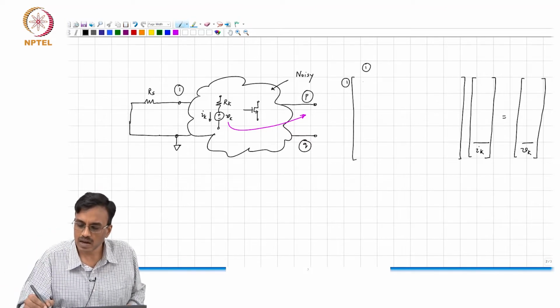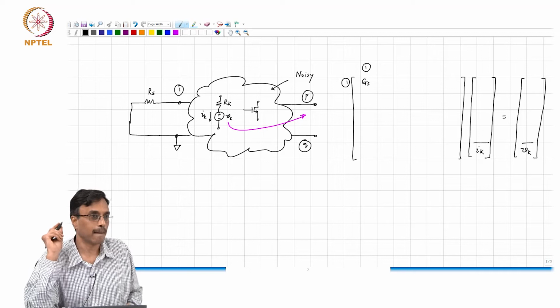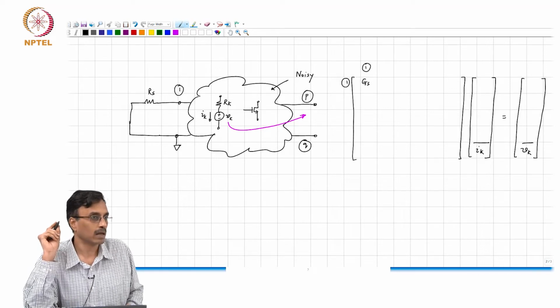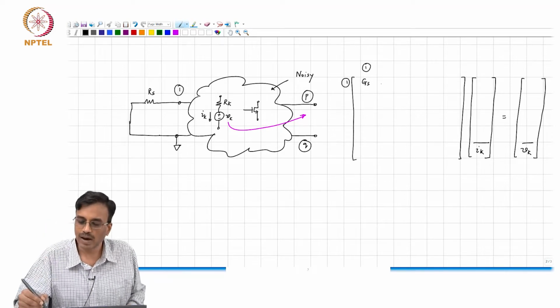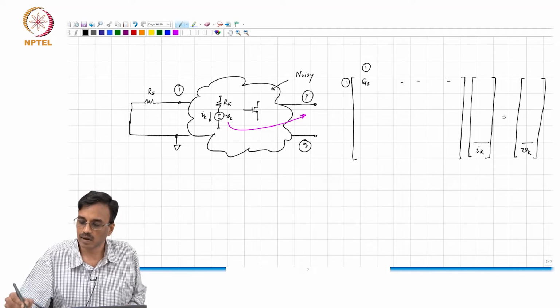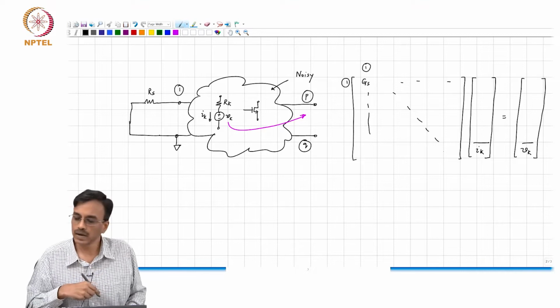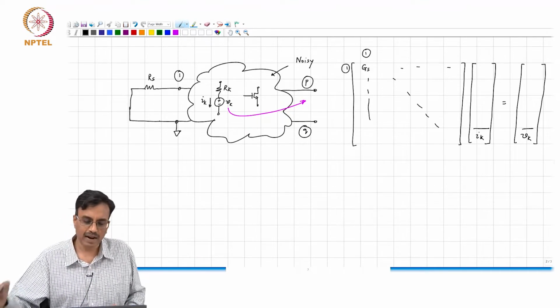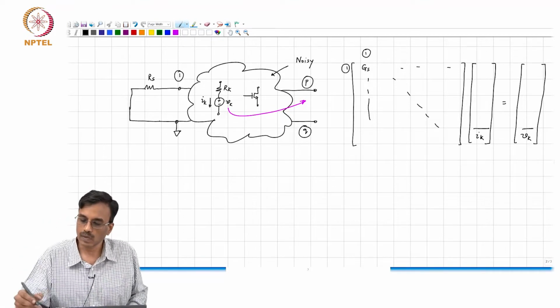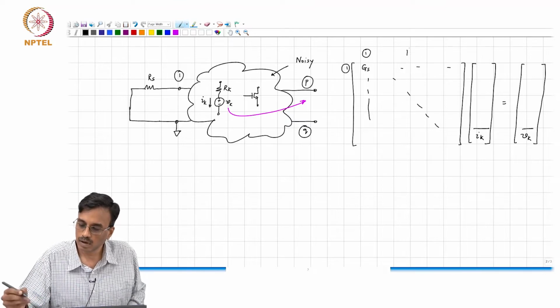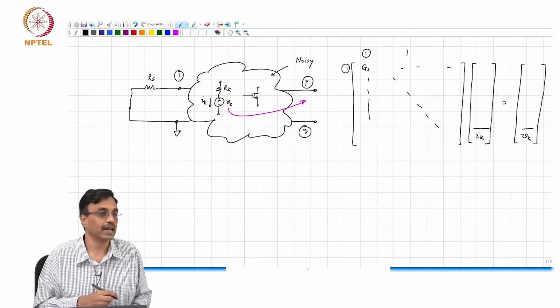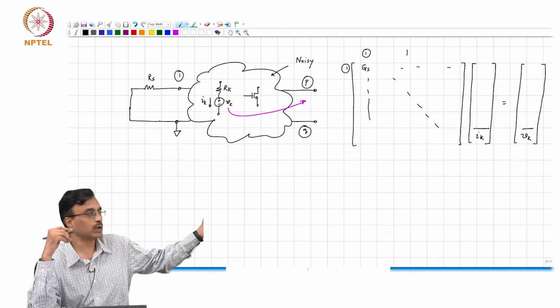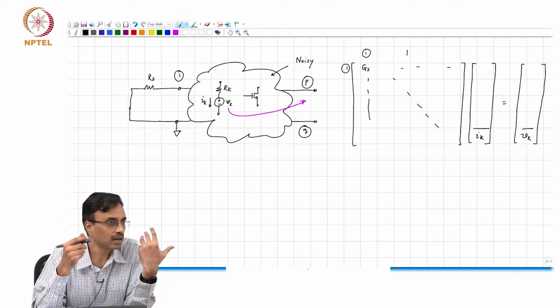So, this will be Gs, and then you have the rest of the matrix. So, we are interested in finding, what are we interested in finding? This is the set of equations. What are we interested in finding?